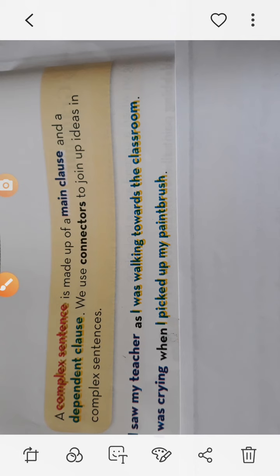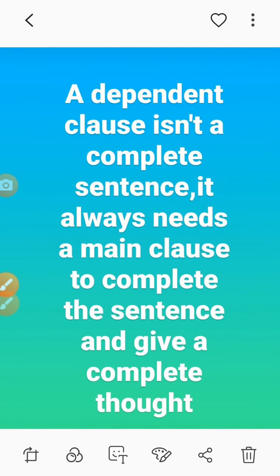A main clause is a group of words that has got its subject and verb, whereas a dependent clause is not a complete sentence. It always needs a main clause to complete the sentence and give a complete thought.